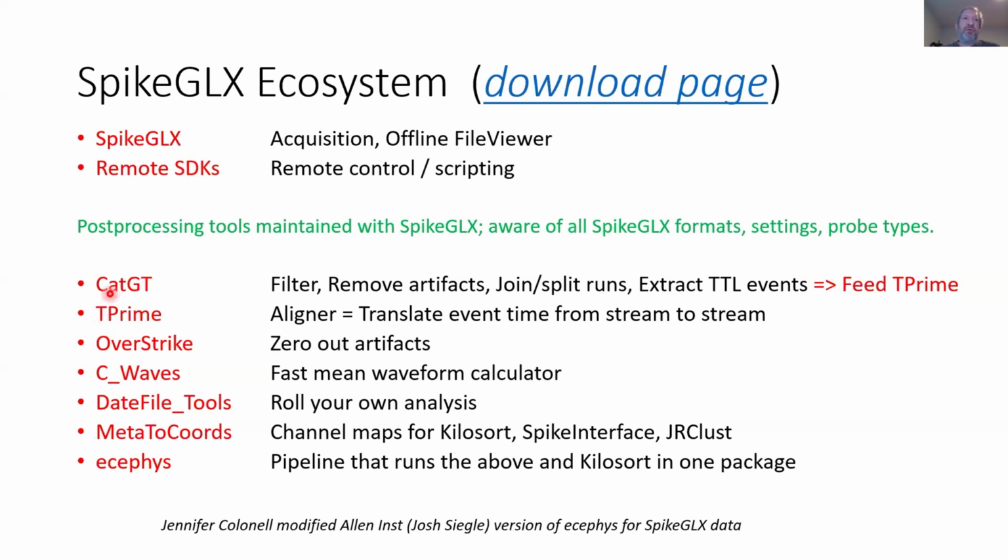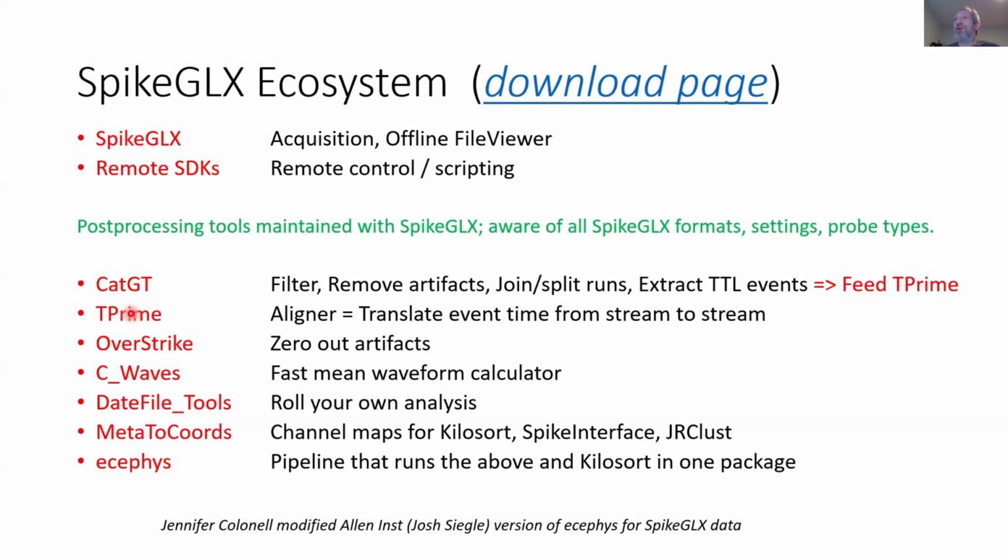These two components, CatGT and TPrime, work together with the built-in square wave generation that the IMEC hardware modules have in order to do synchronization. And that's something, just to be clear, that happens in post-processing with SpikeGLX. And it actually works very well.